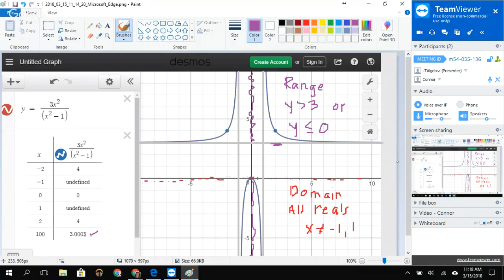There's always going to be some component that's not going to make it equal to exactly 3. And if you plugged in 100 here, you're going to get really close to 3.